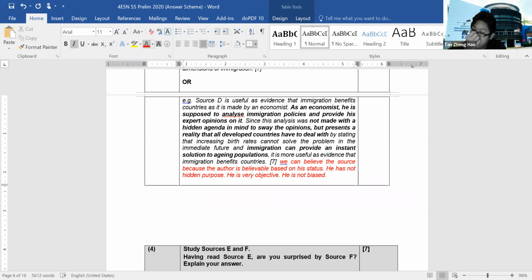If I change the source to a prime minister, that immediately is very suspicious, because politicians and prime ministers might want to convince people of a certain thing. They might tweak the facts or hide certain facts. But economists and professors are usually more fair, especially if you read the source, they seem to give a very fair opinion. Therefore we can believe the source.